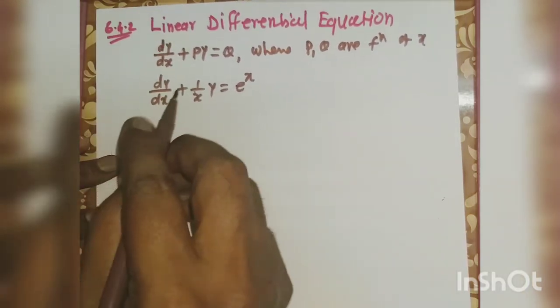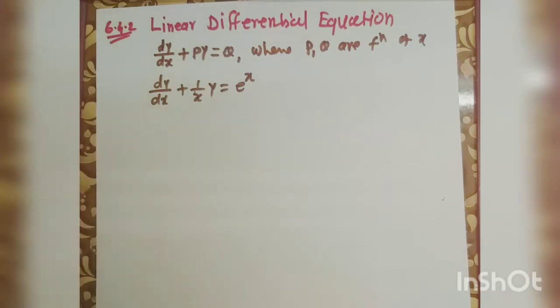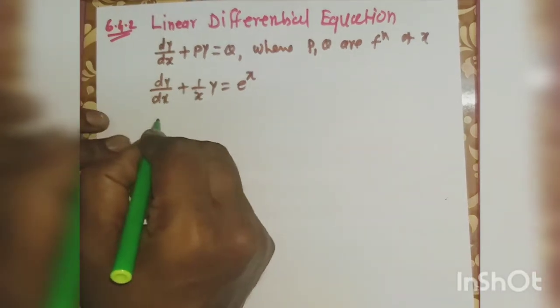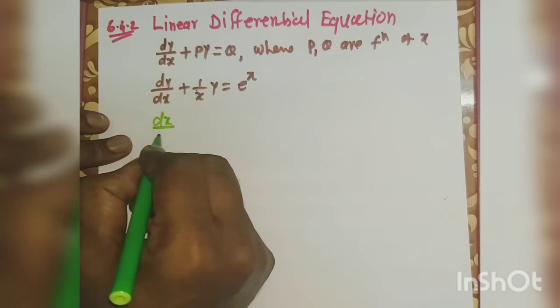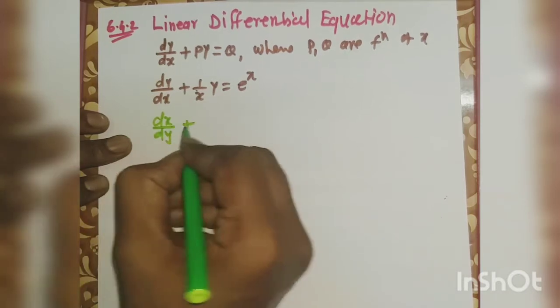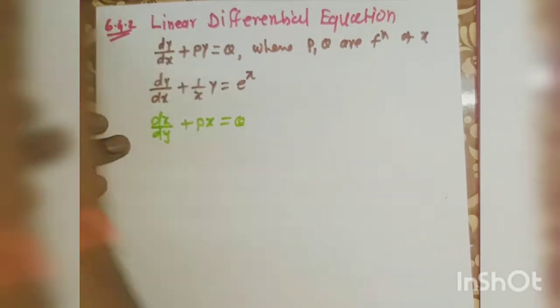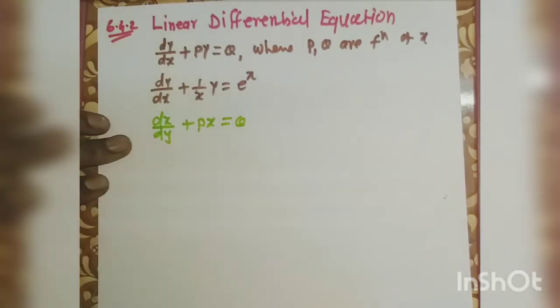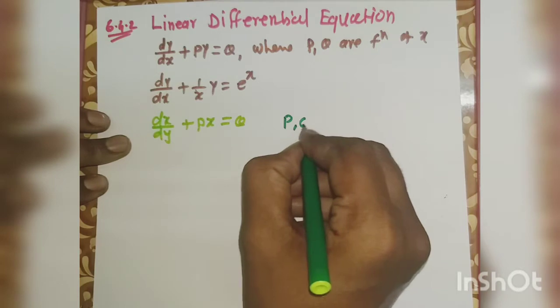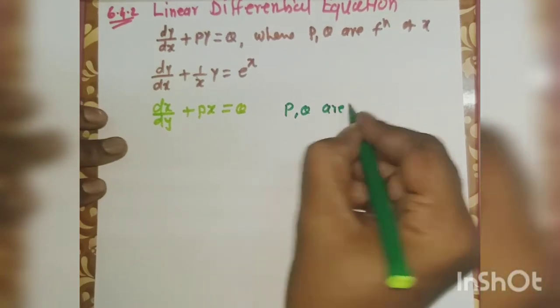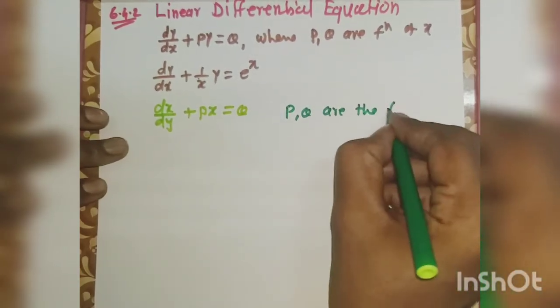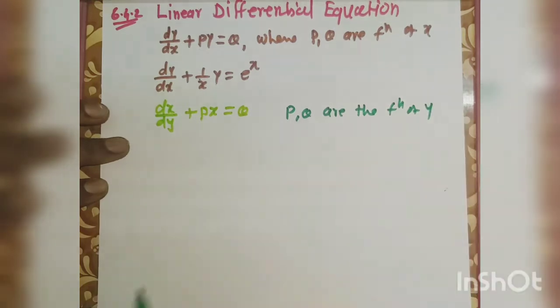Also, another form of this linear differential equation is dx by dy plus px is equal to q, where p and q are functions of y.